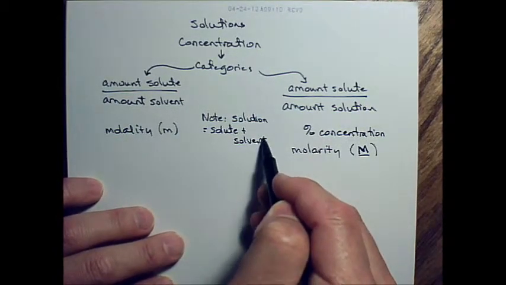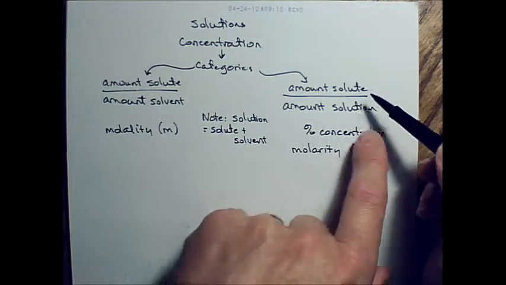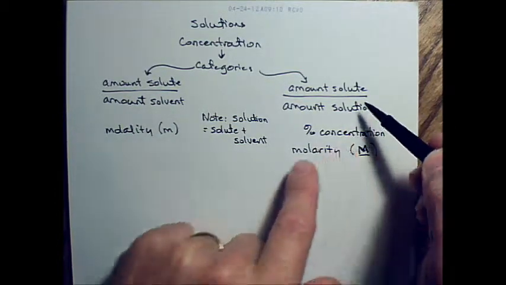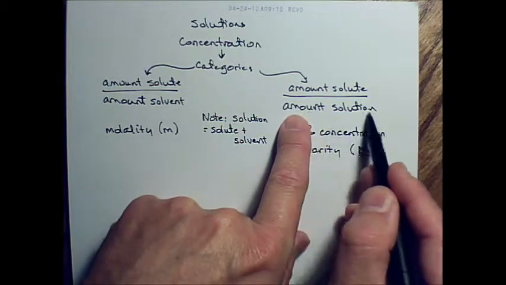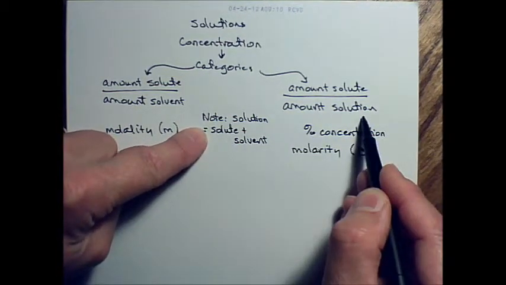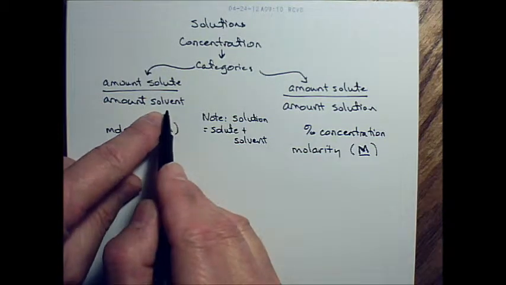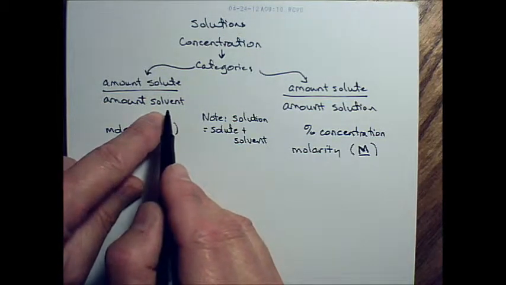So when we're looking at these categories of the concentration of solutions, what's in the denominator here is both solute and solvent, but what's in the denominator over here is only one of those, just the solvent.